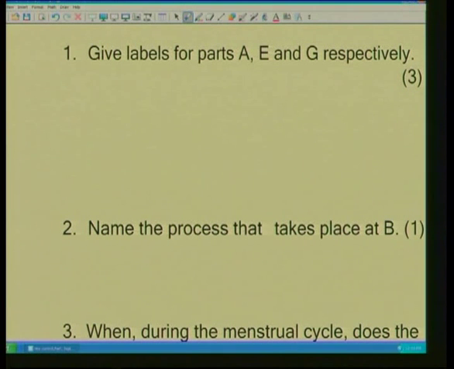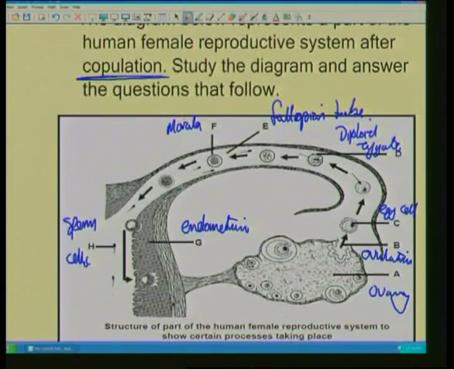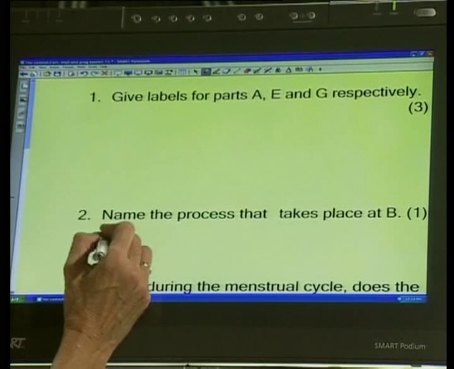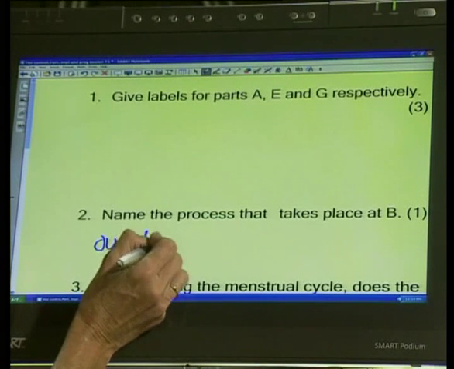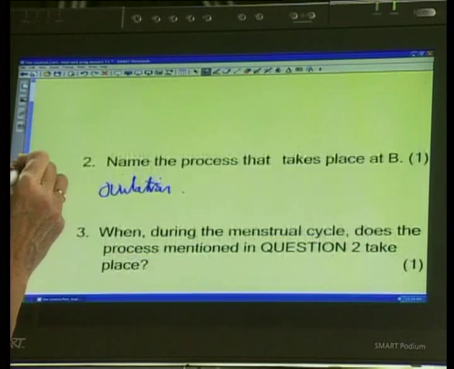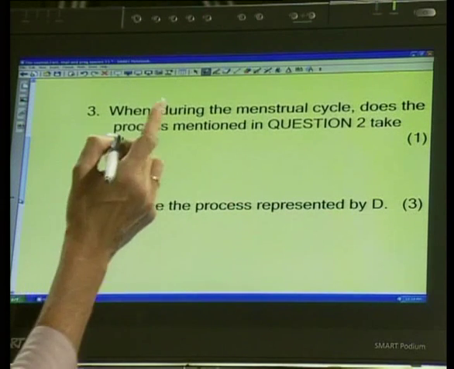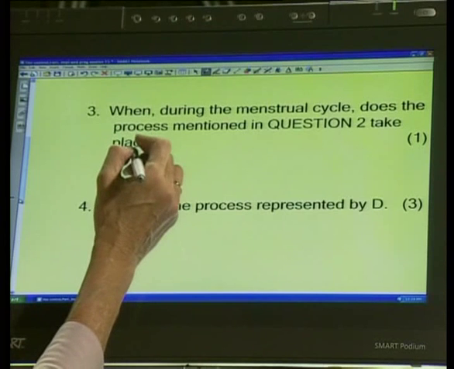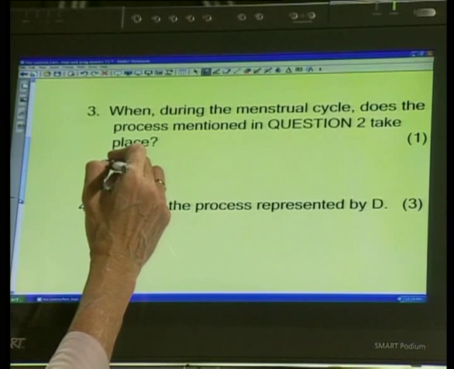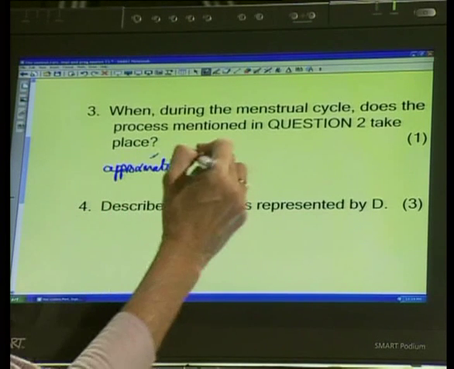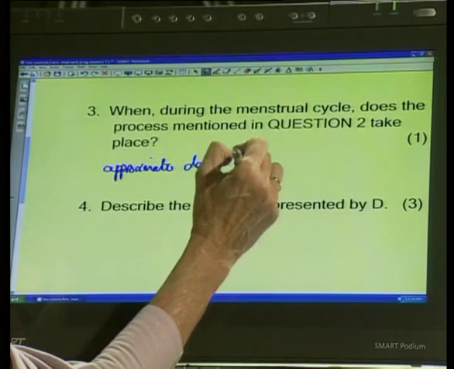Okay, name the process that takes place at B. So if we look at the process that took place at B, there was ovulation. Question 3. When during the menstruation cycle does the process mentioned in question 2 take place? At approximately day 14.